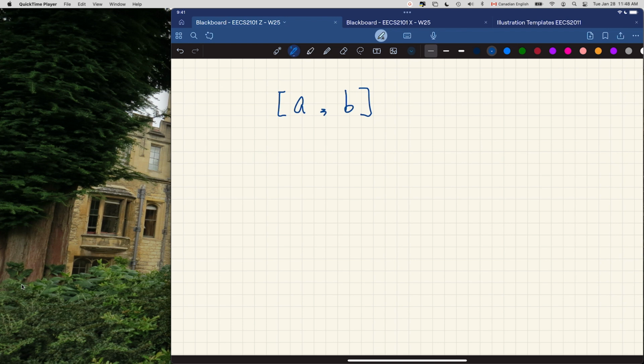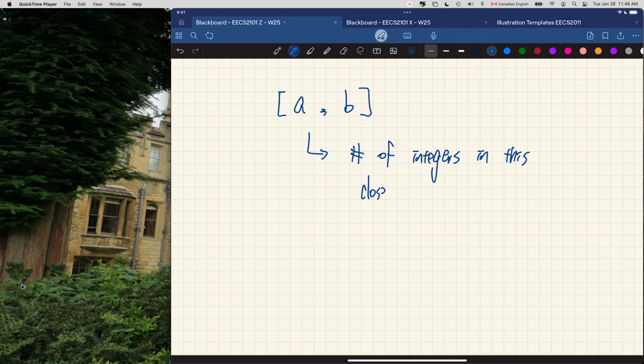All right? How many numbers are there in this interval? What's the formula, guys? B minus A plus 1.